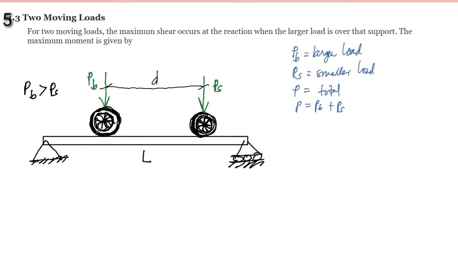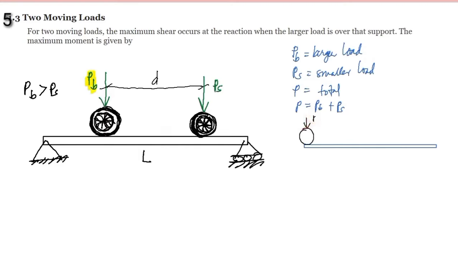Now, for two moving loads, the maximum shear occurs at the reaction when the larger load is over the support. So, in order for us to compute for the maximum shear, what we are going to do is to position the larger load. In this case, the larger load is the PB. We position the larger load over the support.